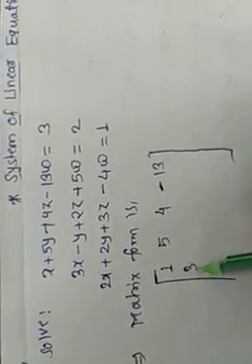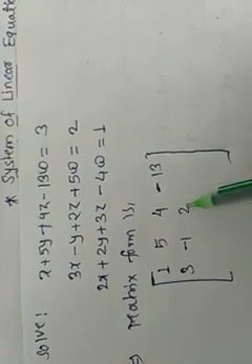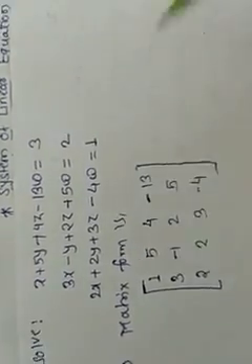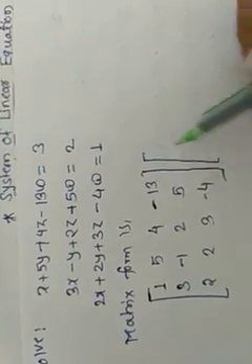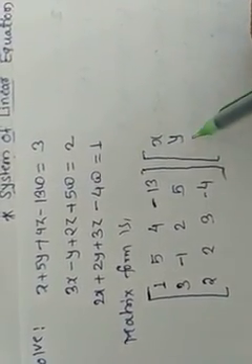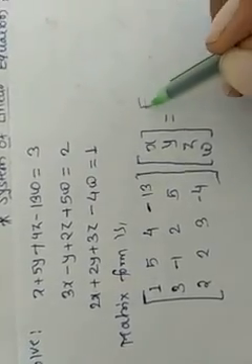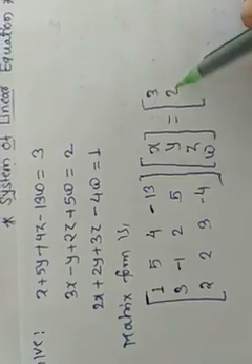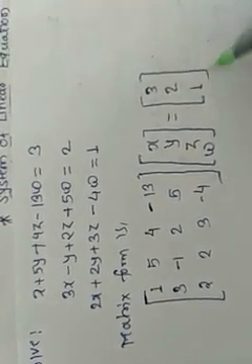From the second, 3, minus 1, 2, 5. From the third row, 2, 2, 3, minus 4. The variables are x, y, z and w, and the constants are 3, 2, 1.